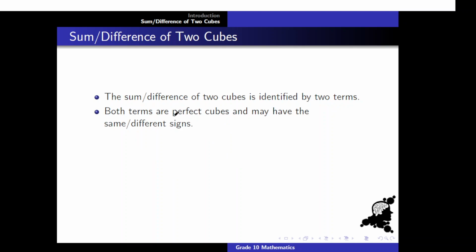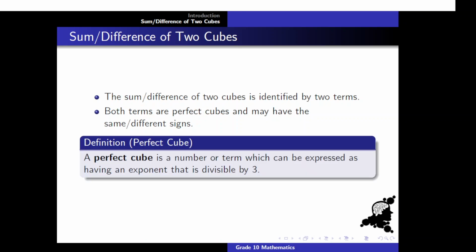Both of these terms have to be perfect cubes, and unlike the difference of two squares, these may have the same or different signs. You would remember that we said with the difference of two squares, we need to have two different signs. And the two terms have to be perfect squares. Now that we're looking at the sum or difference of two cubes, both terms have to be perfect cubes, and they can have the same or different signs.